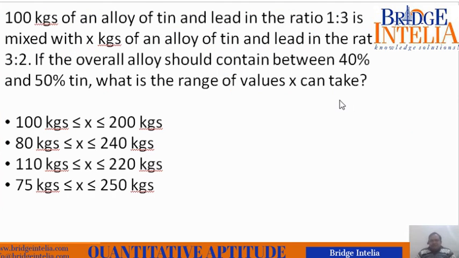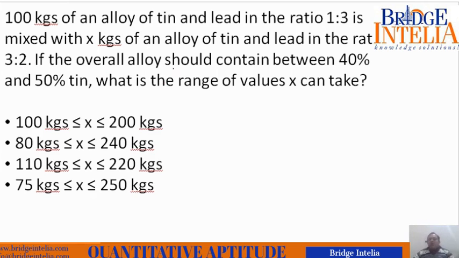So let's have a look at this question. 100 kgs of an alloy of tin and lead in the ratio 1:3 is mixed with X kgs of an alloy of tin and lead in the ratio 3:2.